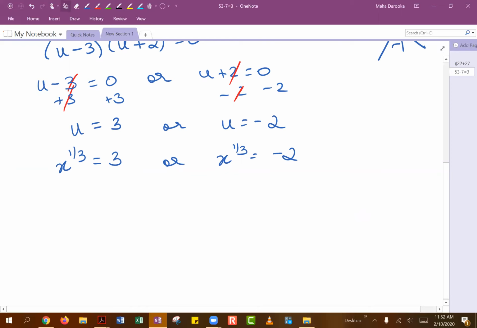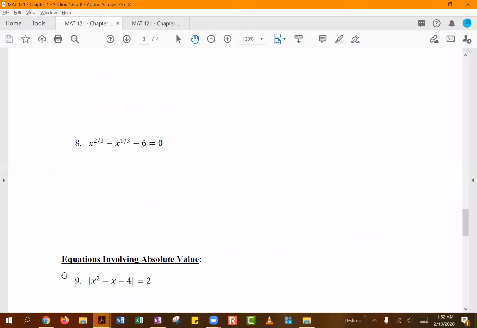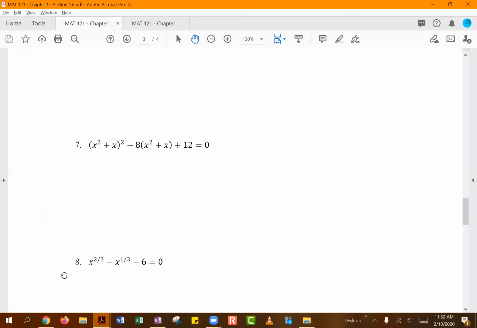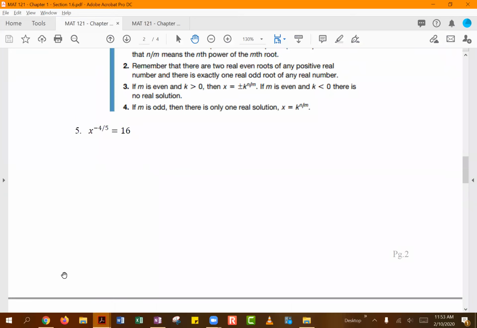So let me pull that problem back up just a quick second. This is the number 5 that we had done last week. So you're actually back to this process now, with the exception we don't have a negative sign on our value, because we have x to the 1/3 equal 3 and x to the 1/3 equal -2. So our exponent is not a negative value.